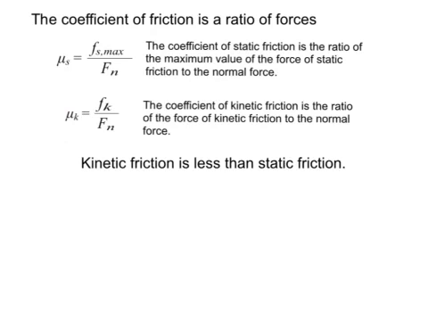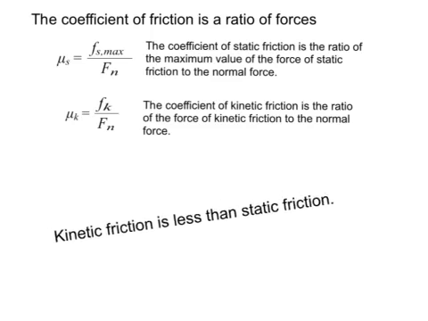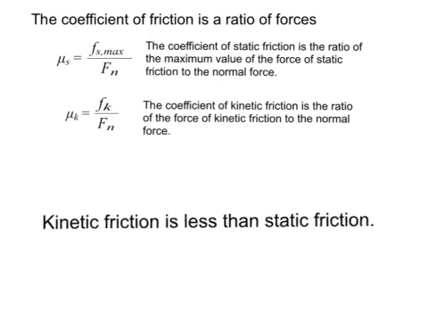The coefficient of static friction is the ratio of the maximum value of the force of static friction to the normal force. And the coefficient of kinetic friction is the ratio of the force of kinetic friction to the normal force. And what we're going to find is that kinetic friction is always less than static friction.